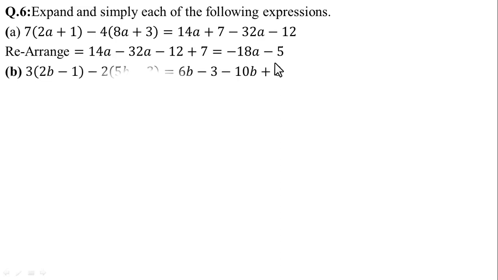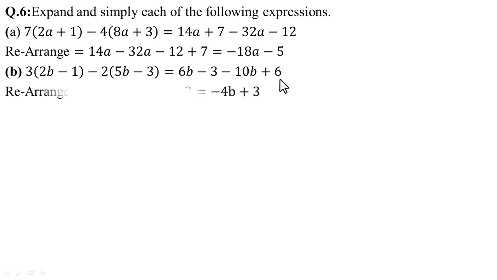In second part, 3 into (2b minus 1) minus 2 into (5b minus 3). 2 3s are 6, so 6b minus 3, and minus 5 2s are 10b, minus minus plus 6.